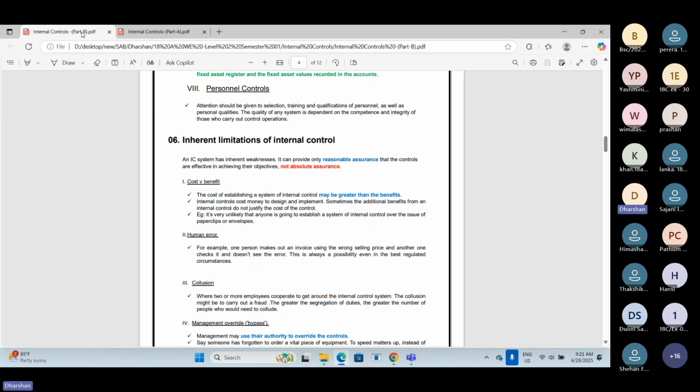I don't know whether you have noticed or not. If you take an organization, let's say you are an internal auditor. Just imagine, before discussing these inherent limitations, we should discuss this one first. Imagine you are an internal auditor.